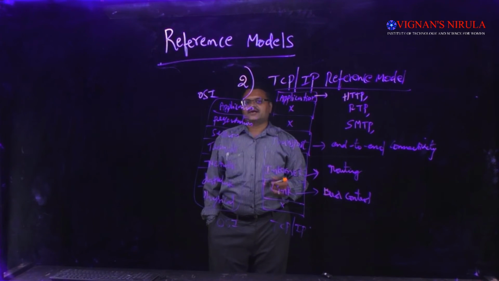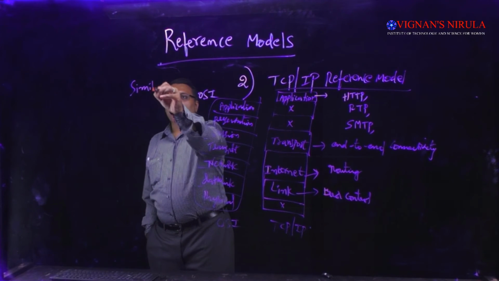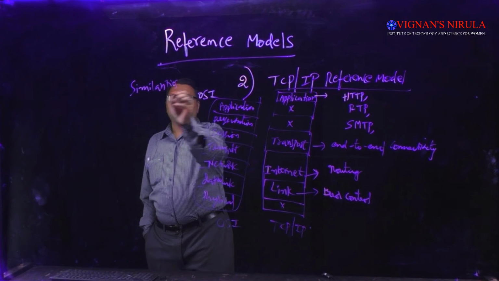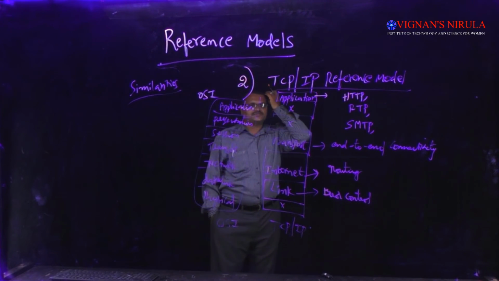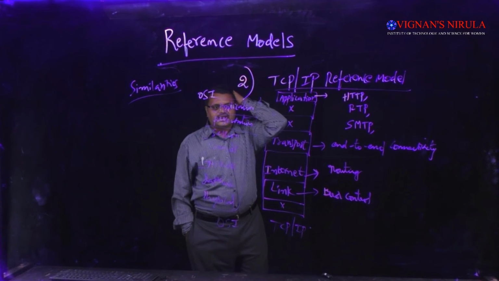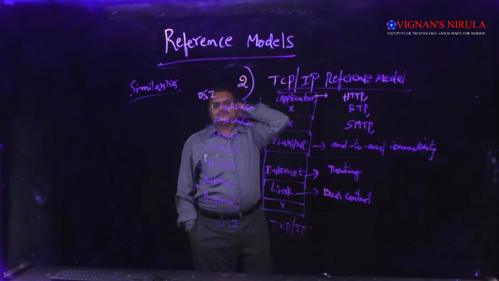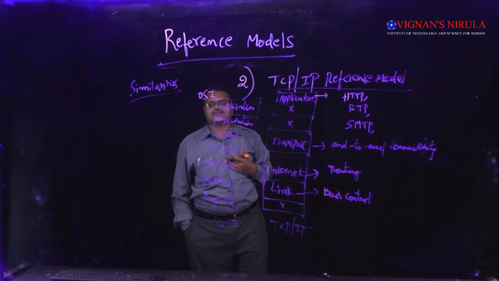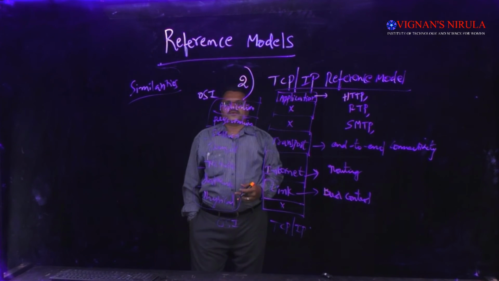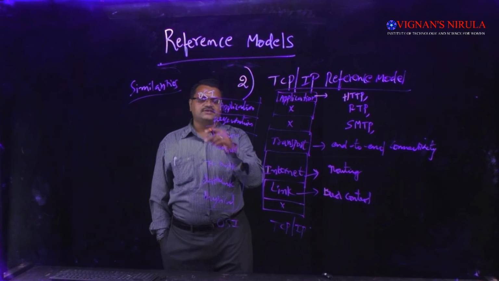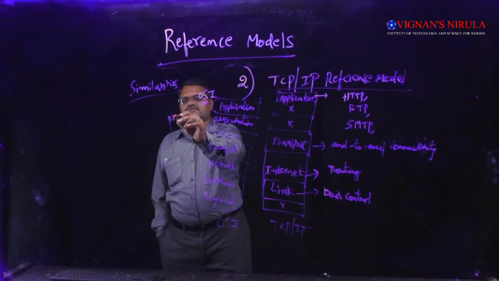So what are the criticisms? What are the similarities and differences between these two? First, the similarity is that the layers present in TCP/IP, link, internet, transport, and application, have functionality almost close to the respective layers in OSI. That is a similarity. And the criticism is that OSI was developed after the protocols.